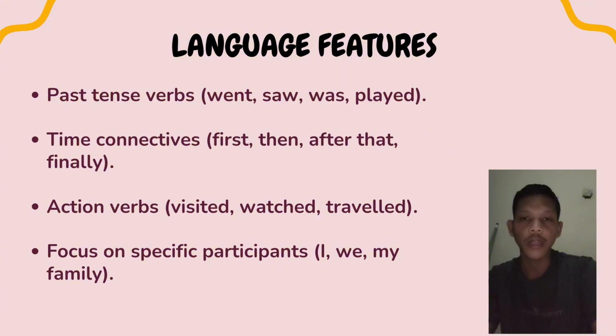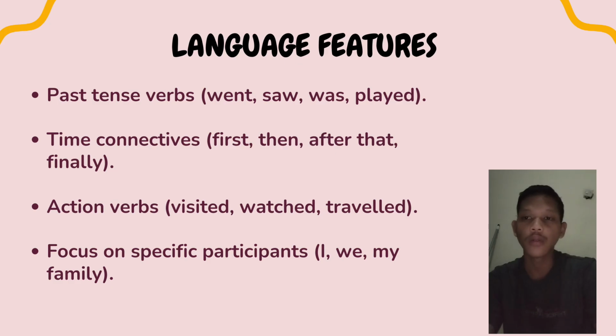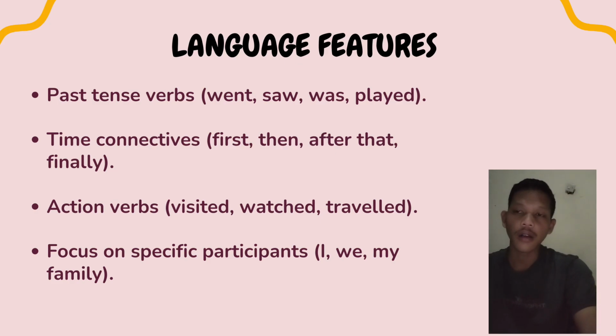We have to change verb one into verb two to indicate that the event happened in the past, not in the current time. So we have to pay attention to the grammar in this text. We have to write or explain in past tense.